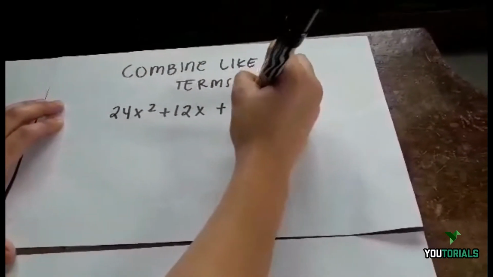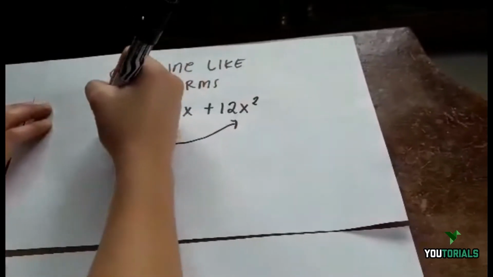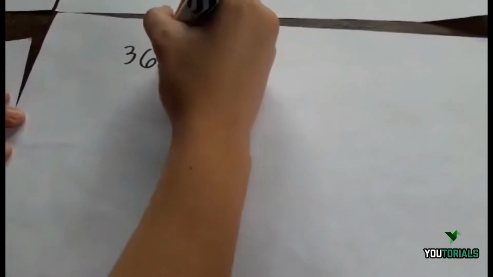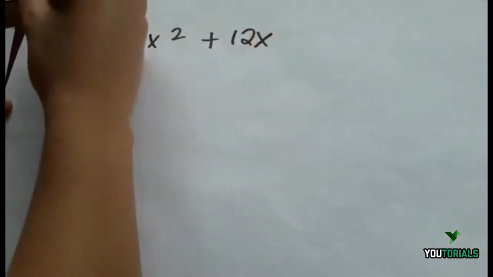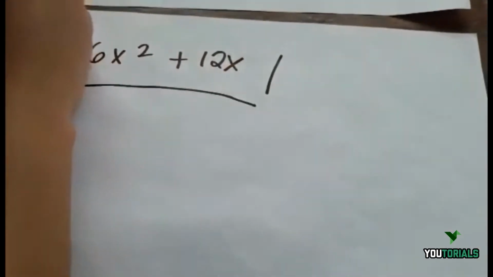We are about to add them. It is equal to 36x squared plus 12x. So that's it. y prime is equal to 36x squared plus 12x.